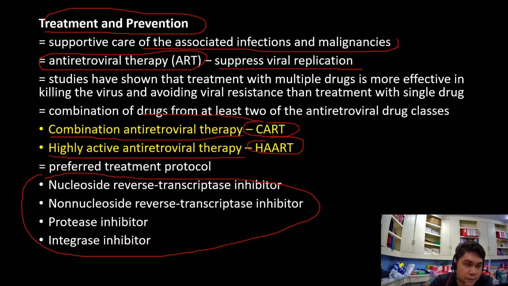The purpose of this treatment algorithm is to decrease the viral load. It's a combination of multiple classes of antiretroviral drugs. Okay, so that's for the treatment of HIV.